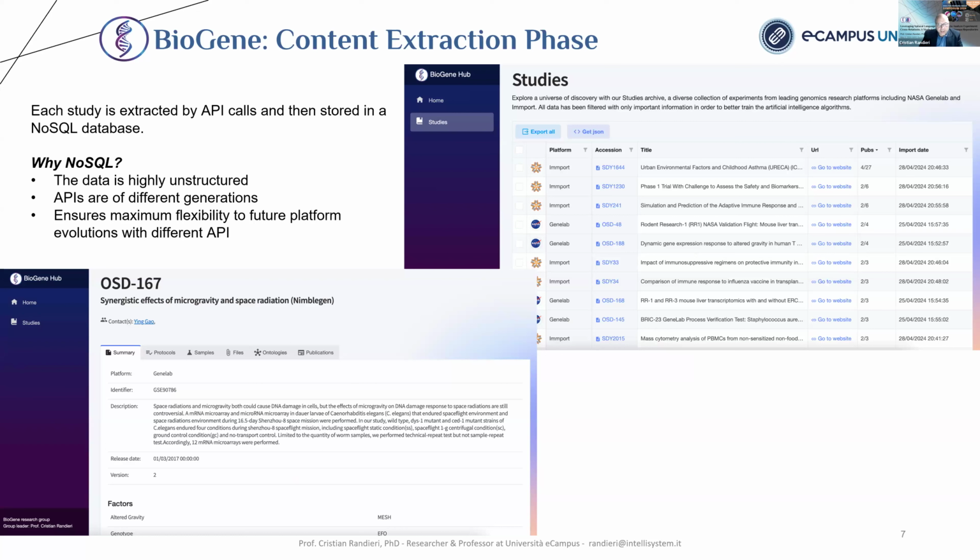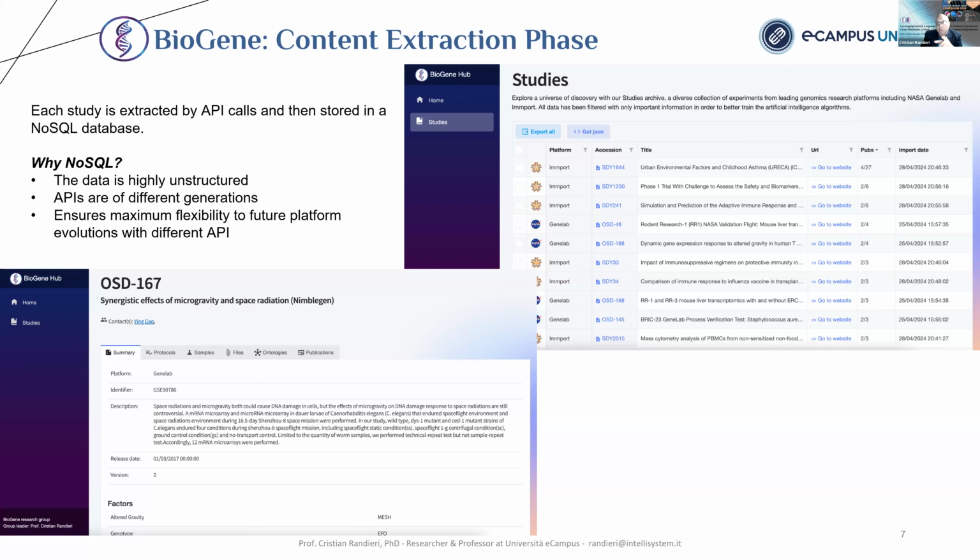You can see on the screen on the left the first interface of the BioGene tool, where you can see all the experiments that were extracted from both repositories. You can see the platform type, the experiment name, the title, the URL, and the number of publications that the tool was able to extract.